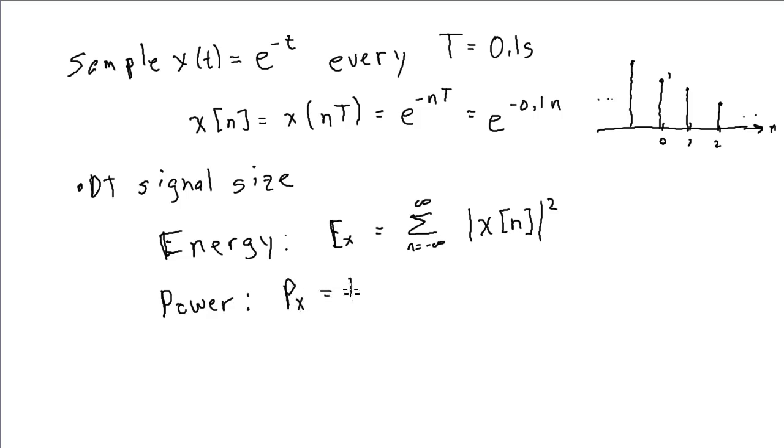It is defined in a limiting operation as capital N goes to infinity of 1 over 2N plus 1, the sum from n equal minus capital N to plus capital N, again of the sequence squared values. So the definitions here are similar to the definitions that we use for continuous time signals, except instead of integrating, we're actually summing.